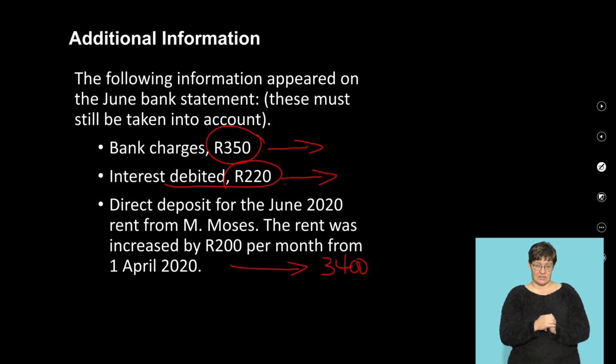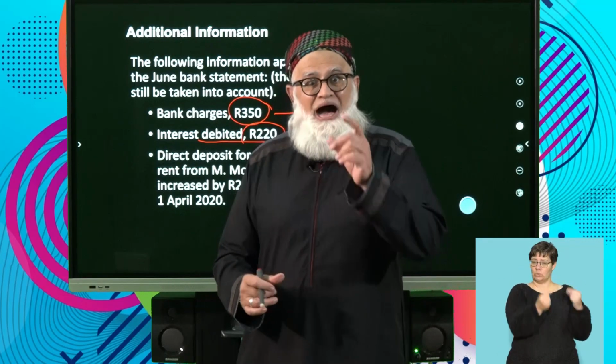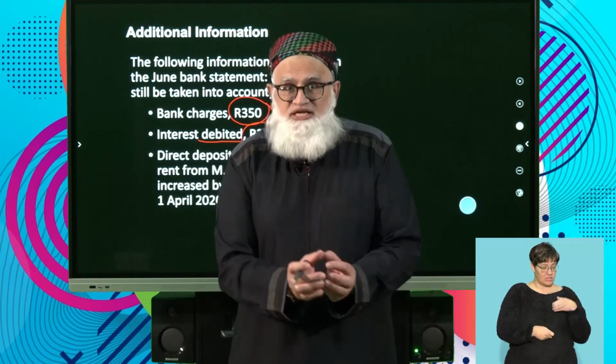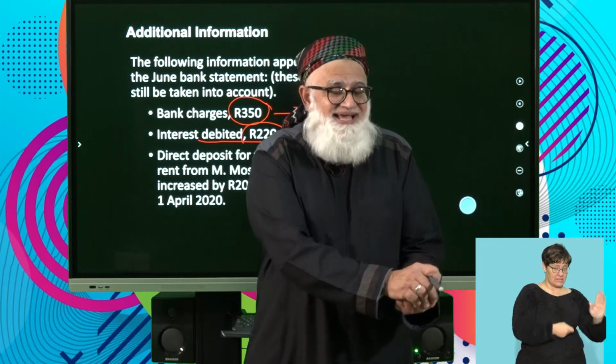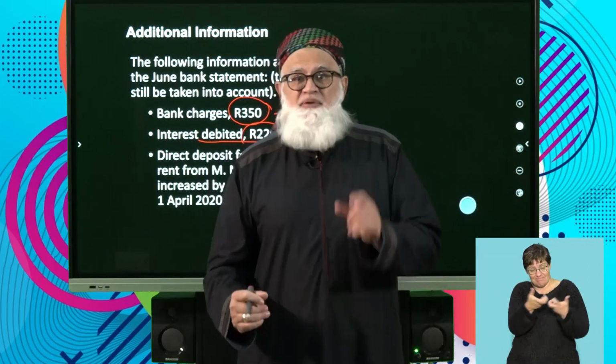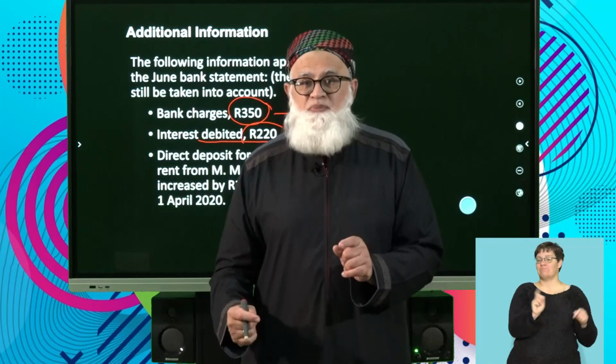Now, bank charges and interest on overdraft are both charges levied by the bank. However, in accounting, and for good reasons, we always keep bank charges as an operating expense and the interest expense as a separate item, because interest expense is not an operating expense.